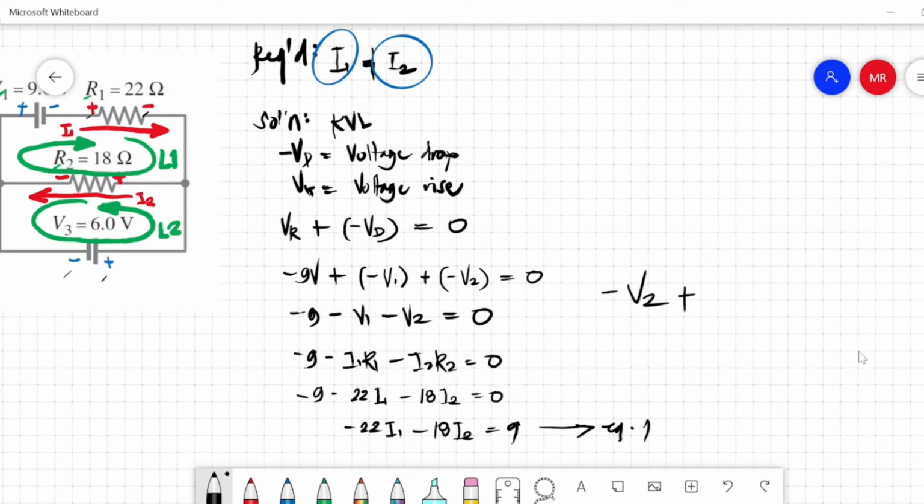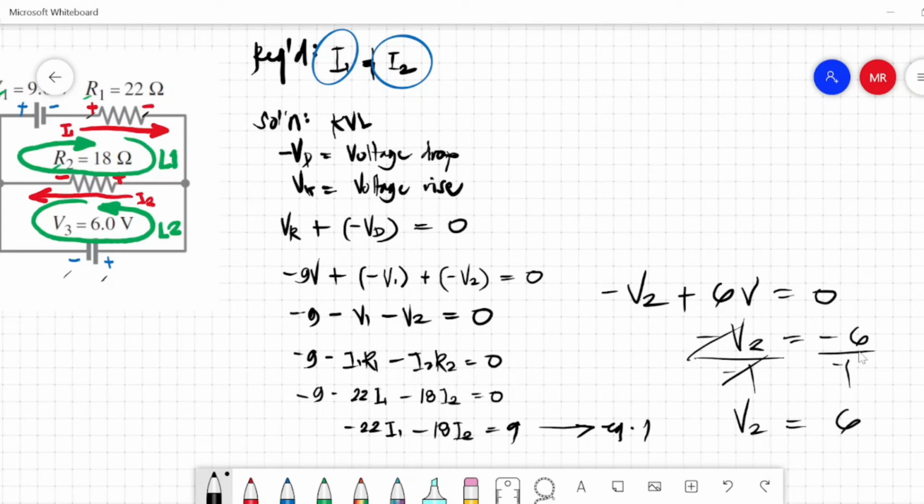So we will consider 6 volts as a positive potential, or a voltage rise. So it is plus 6 volts equals 0. So this is just negative V2 is equal to negative 6. Dividing this by negative 1, V2 is equal to 6.